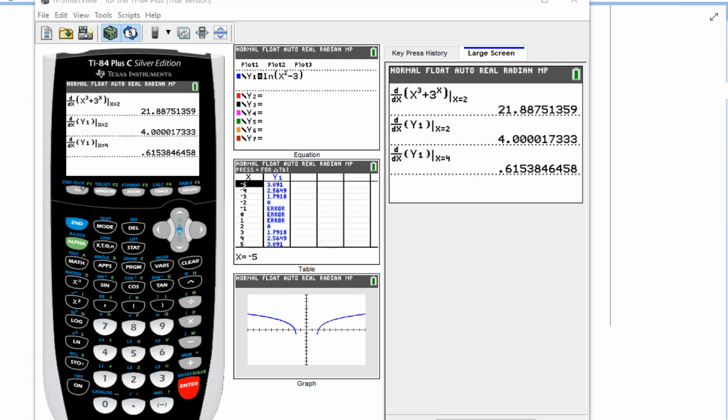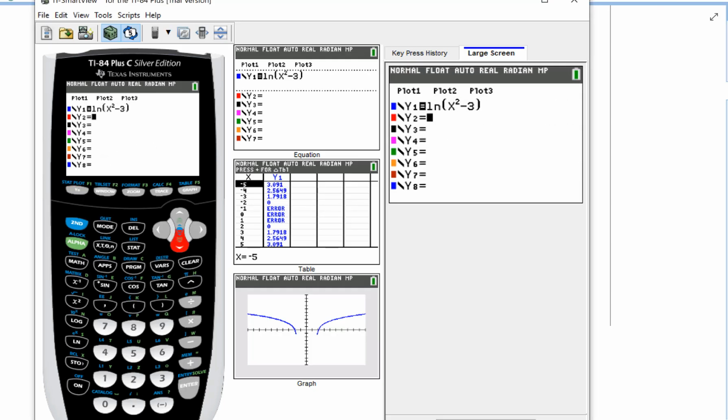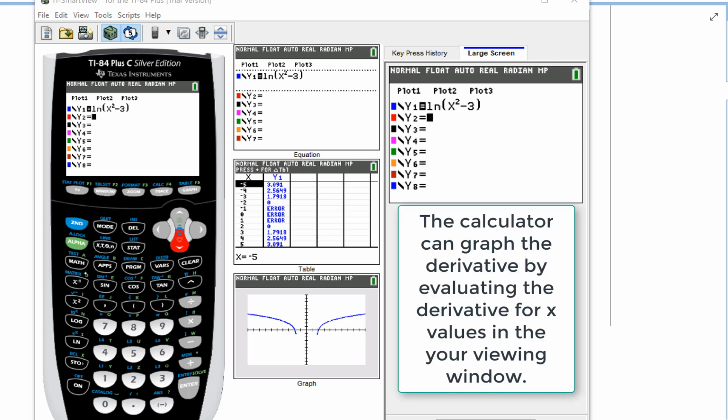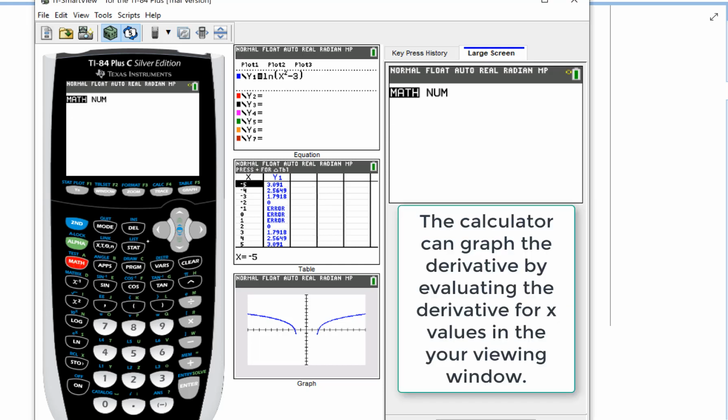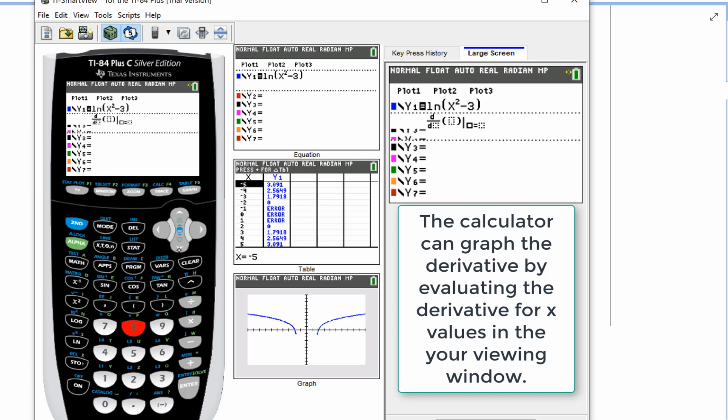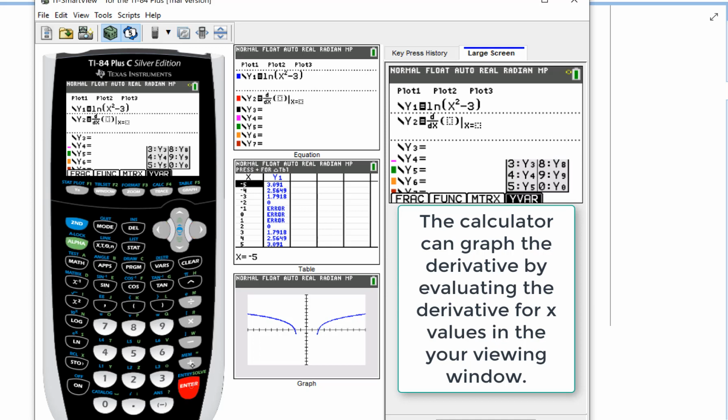And then we want to graph g prime of x. So we will go back to y equals, and again, the calculator cannot evaluate the derivative entirely, okay, but it can graph. So we're going to do math nDeriv, the derivative with respect to x of y1, so alpha trace, enter.